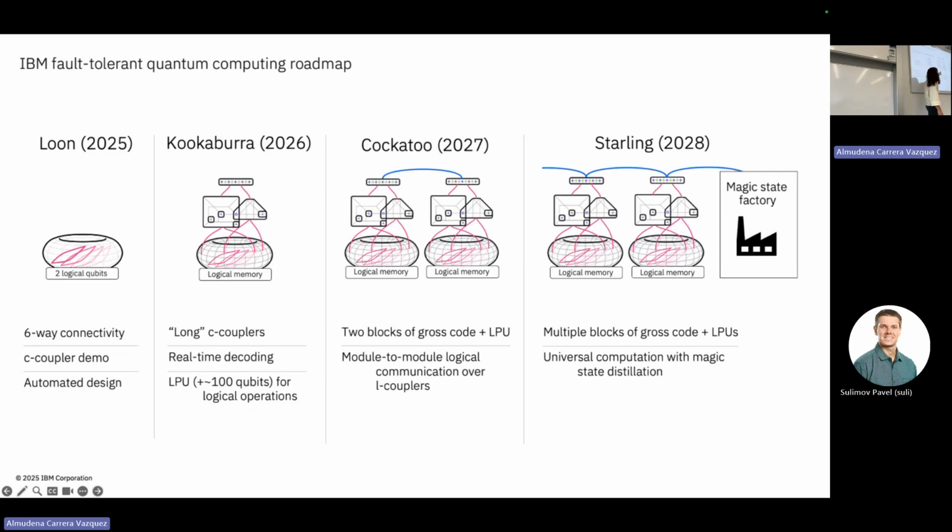Then in 2027 is when they will show this L coupler that connects 2 different toruses, so that you can apply 2-qubit gates between the 12 qubits that are in all-to-all connectivity. And then in 2028, the goal will be to show one full implementation that has the 12 toruses plus the magic state factory, and that it works. And after that, in 2029, it should be the complete Starling chip.